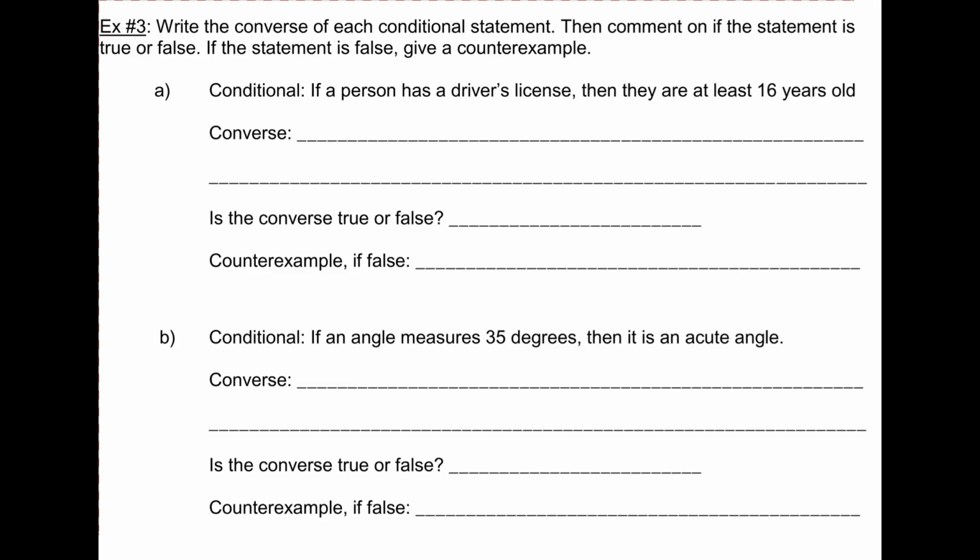So the first one: if a person has a driver's license, then they're at least 16 years old. 100%. Yes. Welcome to California. That is true. The conditional is true. The converse: if I flipped it, how would I write this? Exactly.